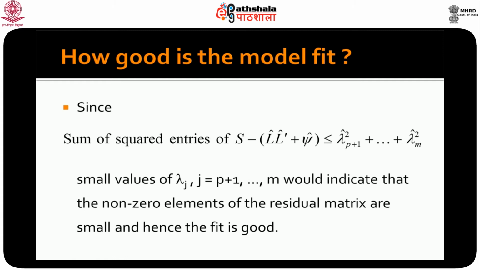If the remaining eigenvalues are small, then obviously their square sums would be small, and hence the sum of squared entries in the residual matrix would be small. So in general the residual matrix would have very small elements and hence can be ignored. So that is one way that we can fit the factor model. We get the ultimate estimates of both L and of psi.